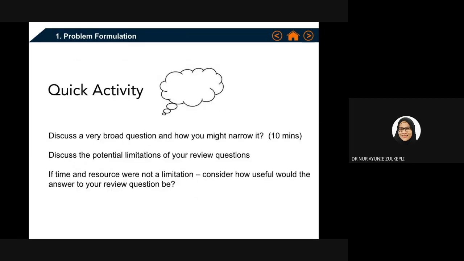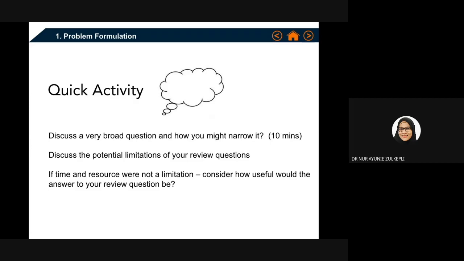Okay, this is just a quick activity, like for 10 minutes. You do not have to do it here, but when you go back you can access my lecture notes, so you can do this activity. You find a broad topic and then you narrow it.